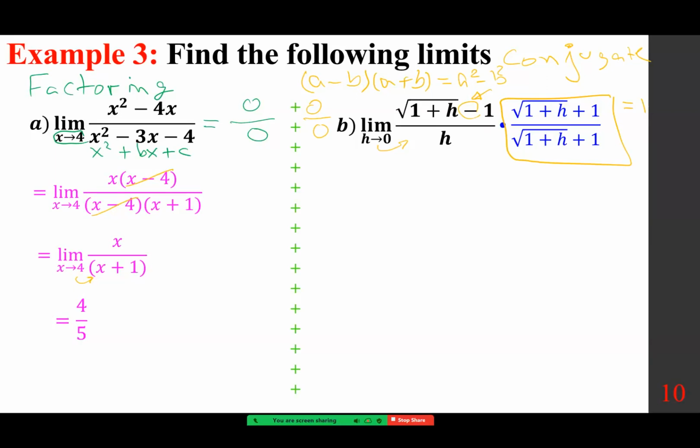Remember that the problem is h because it's approaching 0. And the technique is, for the denominator, you don't do anything. You don't distribute, you just keep it as a product. For the numerator, you get the square root of 1 plus h, quantity squared, minus 1 squared, and that gives you 1 plus h minus 1 in the numerator.